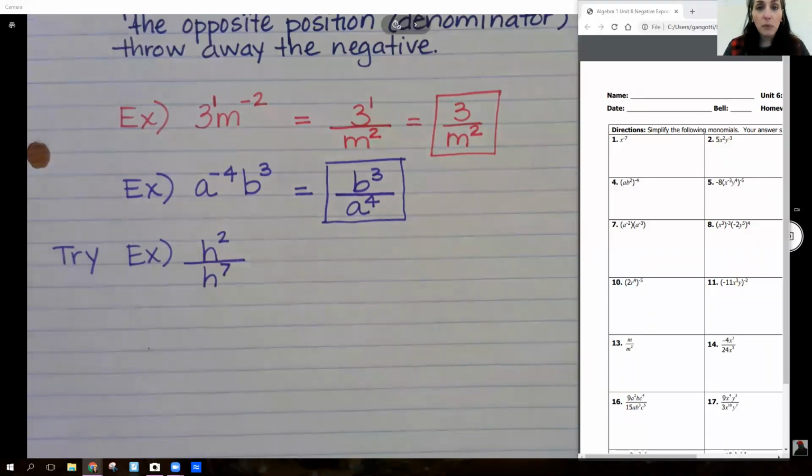So you want to simplify it with what we learned yesterday, and then write it in proper notation. When you're ready to go over the answer, give me like a thumbs up or a check mark.